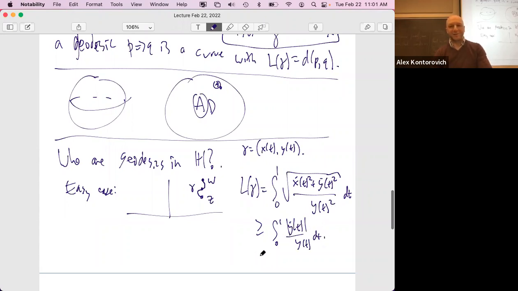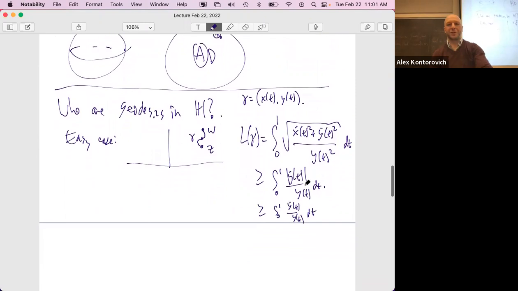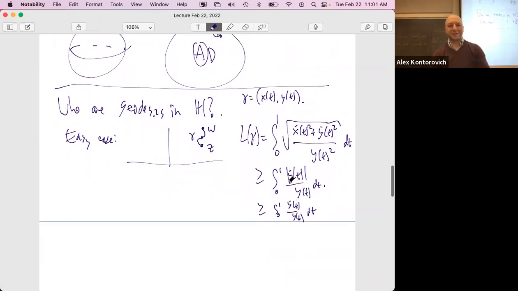This is also larger than if I put no absolute values. In other words, the first step was just to drop the x. The second is to say the absolute value function is always greater than the function itself. And so the straight curve that doesn't backtrack is a geodesic.